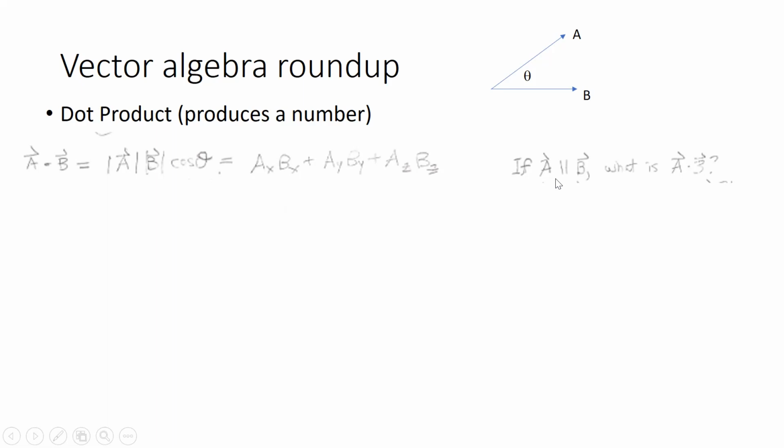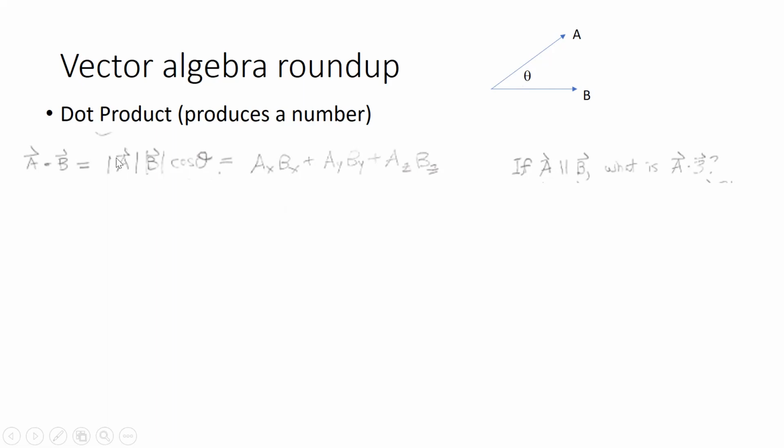All right, so the answer is, if A is parallel to B, the angle between A and B is 0, since the two of them are parallel, and the cosine of 0 degrees is 1.